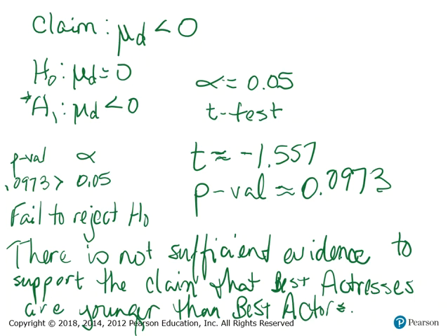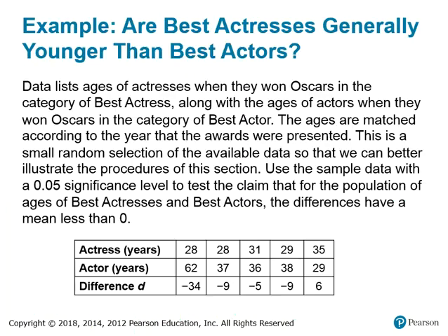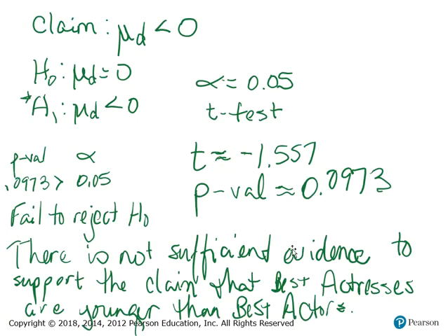Now, even though we got some negative numbers here, 4 out of the 5 were negative, it's not significant. That's what we always have to remember when we're making our testing, that it has to be significantly different. It just can't be different.